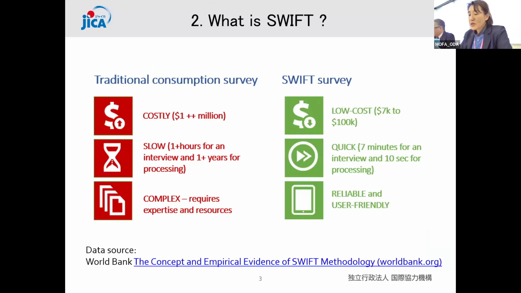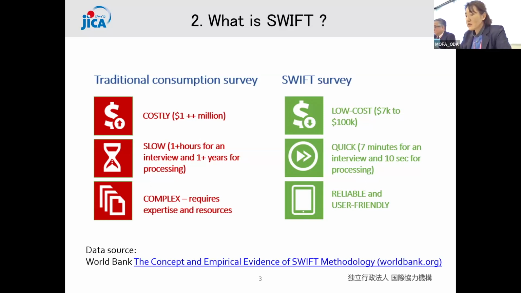The traditional consumption survey is costly; almost above $1 million is required to conduct the whole-size consumption survey. Second, it takes time to conduct interviews and collect the data, on average 1 hour for one interview, and then almost 1 year for data processing and analysis. And the third is that data analysis requires expertise and resources.